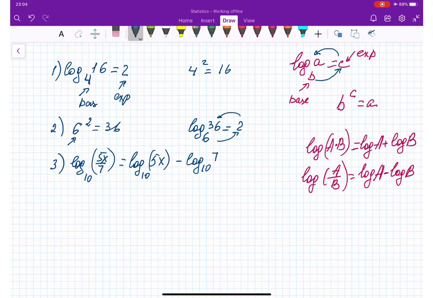Now 5x means 5 times x, which means it's a product. I can break it down: logarithm 5 by base 10 plus logarithm x by base 10 minus logarithm 7 by base 10.